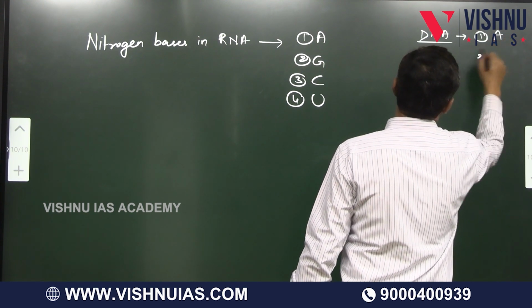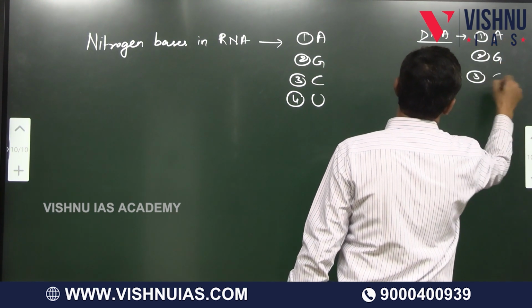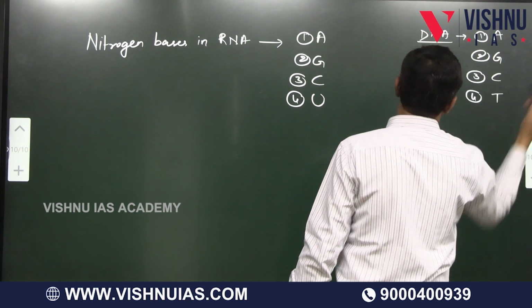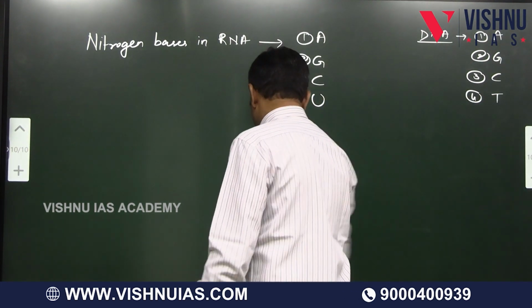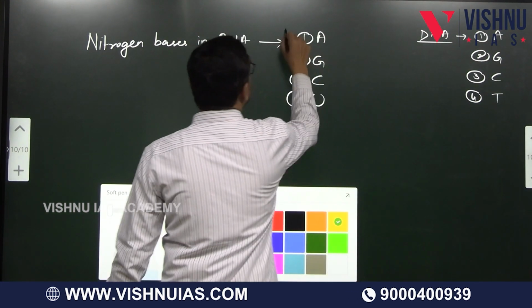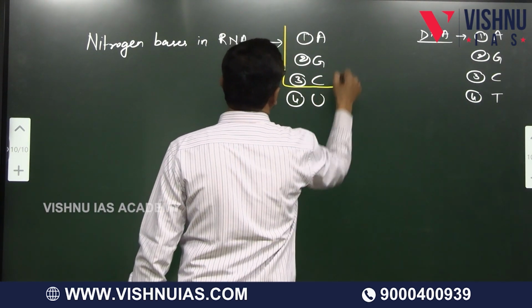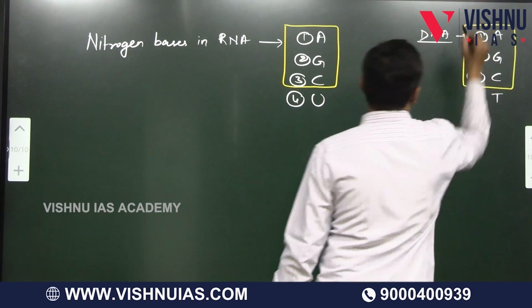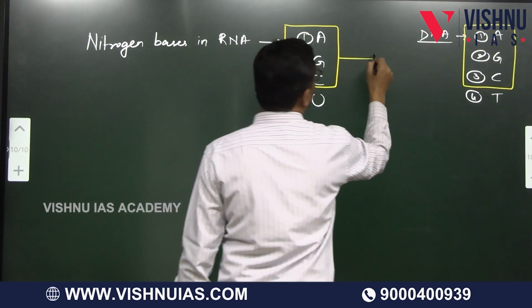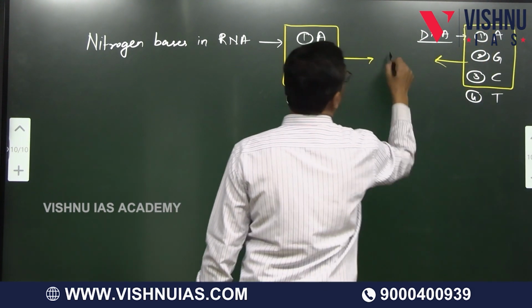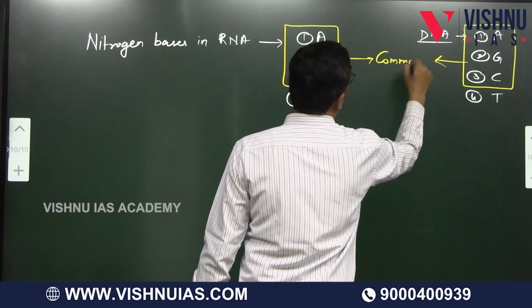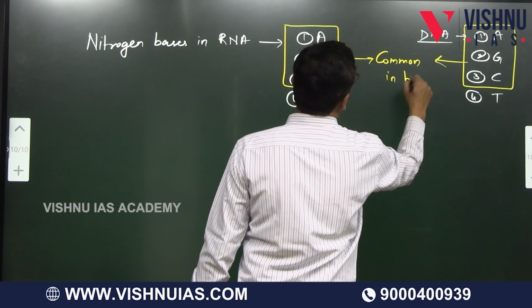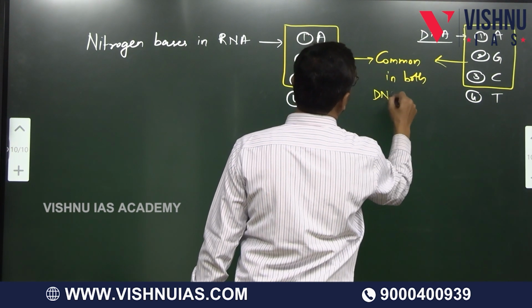Listen, these three, adenine, guanine, cytosine, are common in both DNA and RNA.